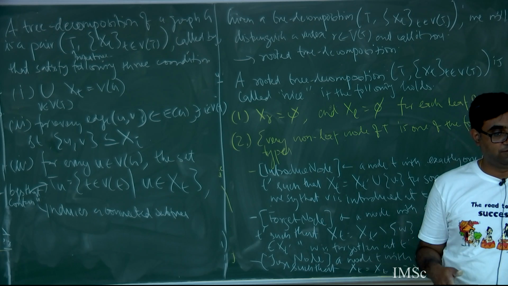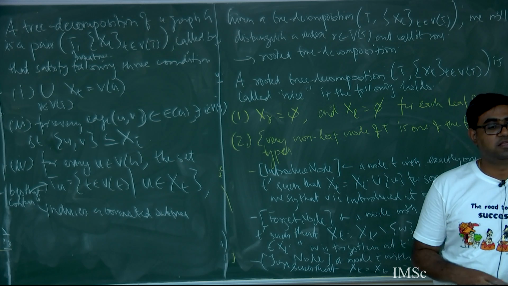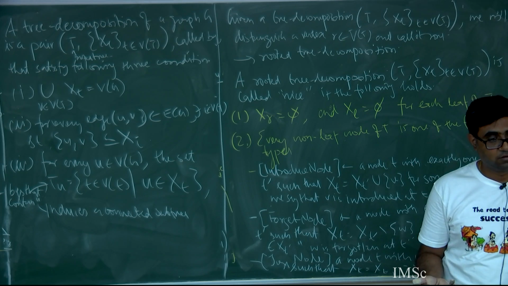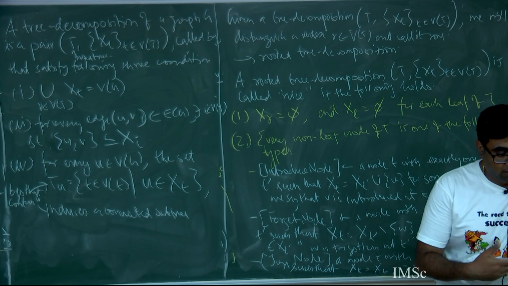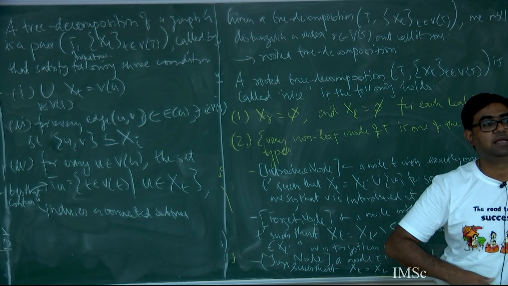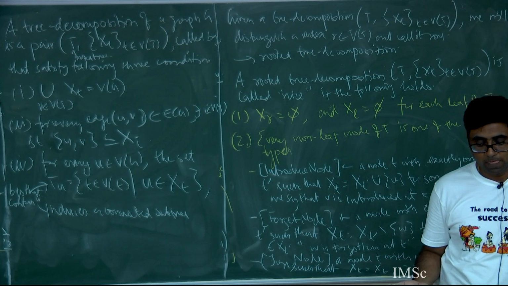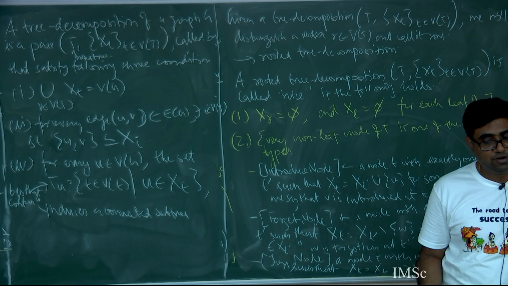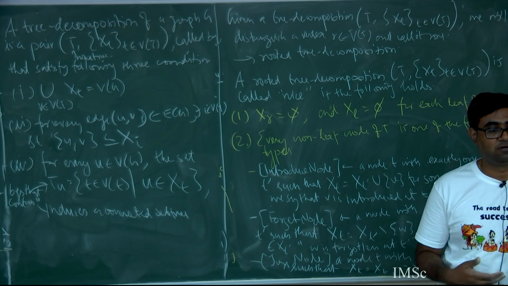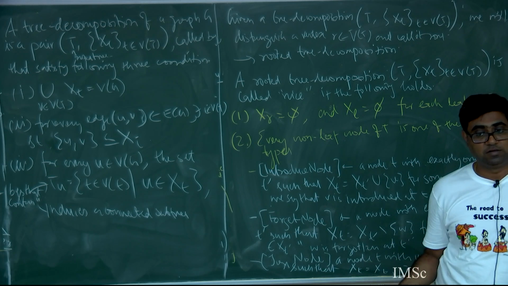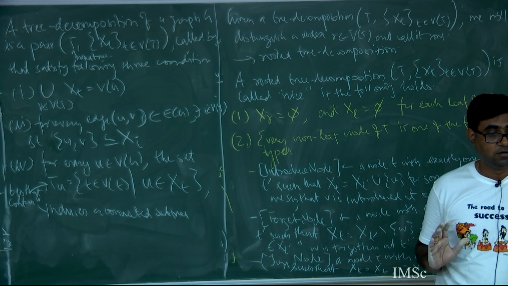Otherwise the tree width is small, and there is an algorithm to compute the decomposition, or the proof itself gives such an algorithm, and then you apply dynamic programming over this tree decomposition to get the desired algorithm.